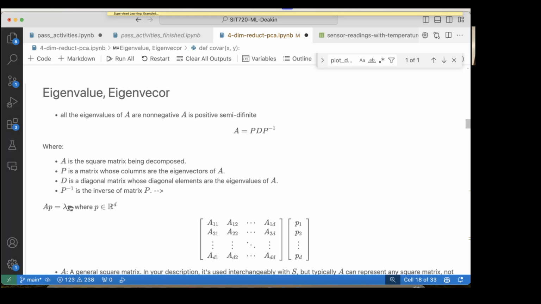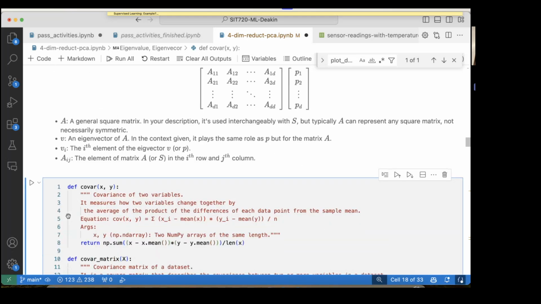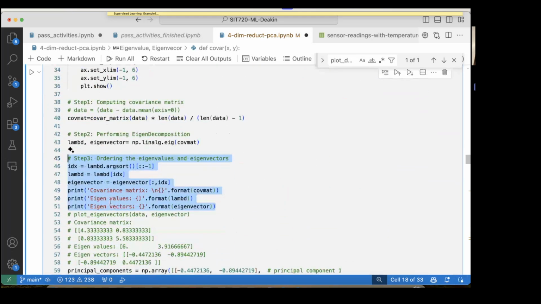Clear? Yes. So where is the variance? The variance we can directly get from lambda. Here I have different eigenvectors, there are two eigenvectors. So using this lambda, I can sort these eigenvectors.